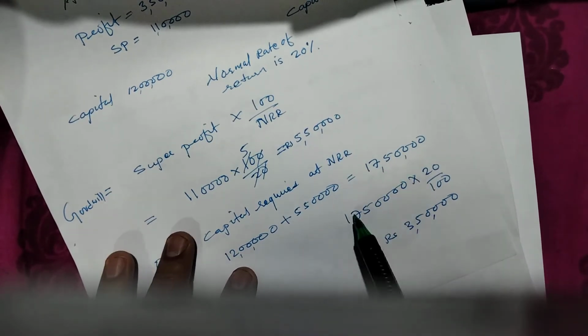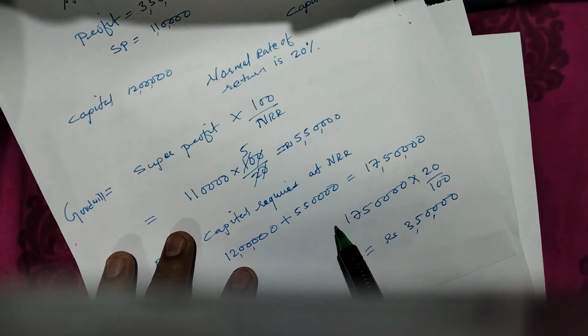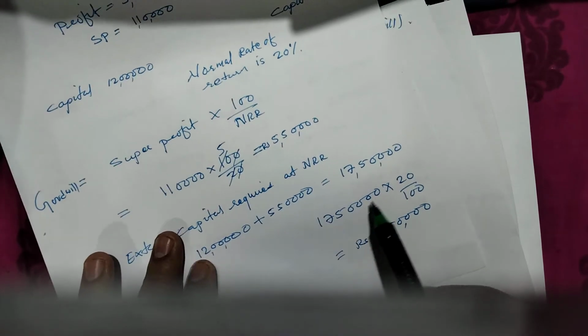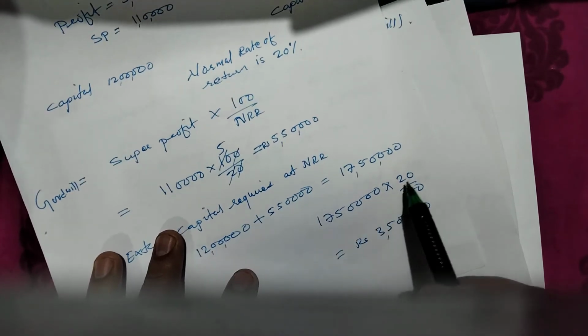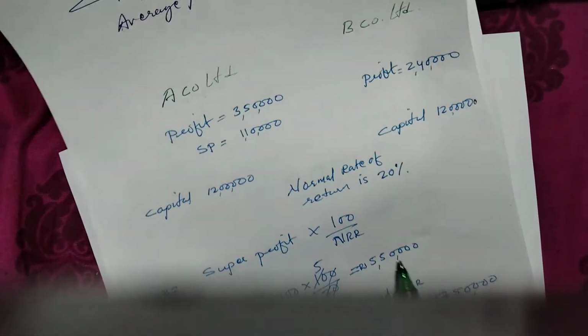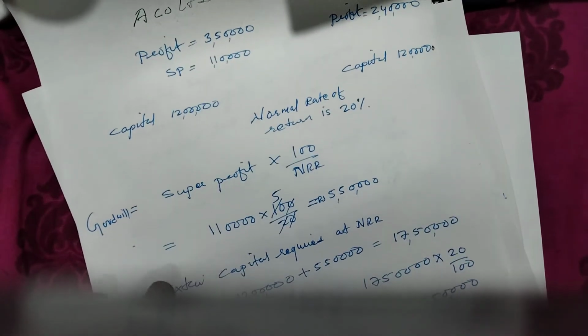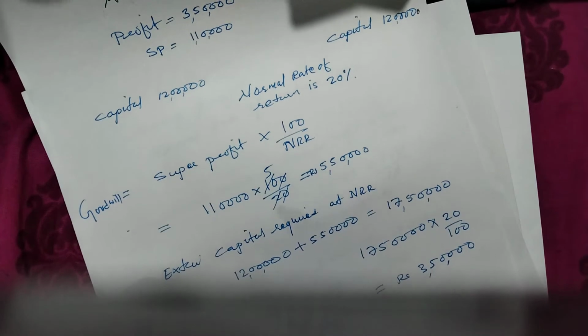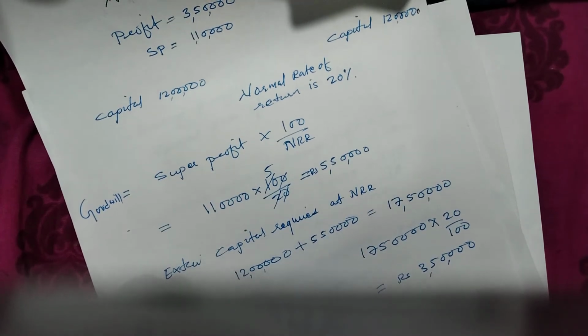So when this particular business invests 17,50,000, it will earn the normal profit of 20 by 100, so it will be 3,50,000. So this is all about the capitalized value of profit method of finding goodwill.